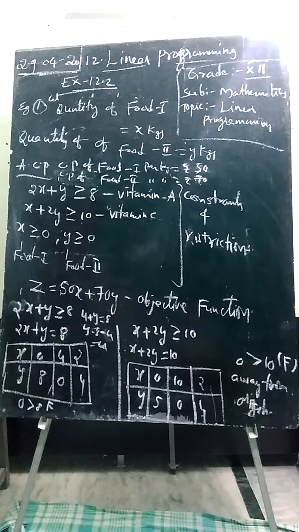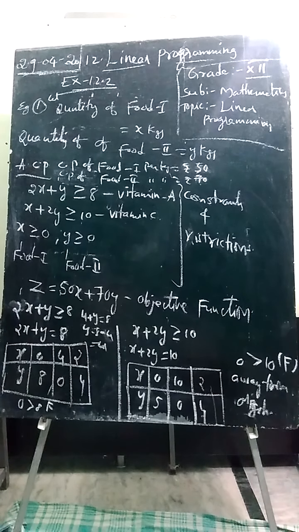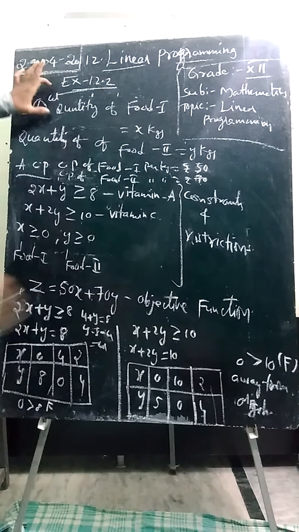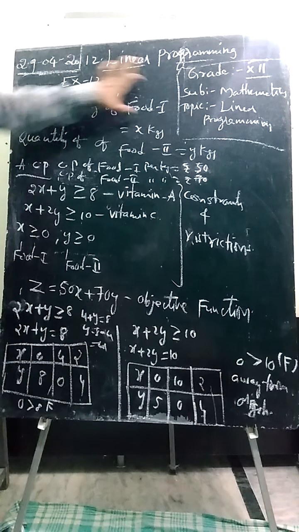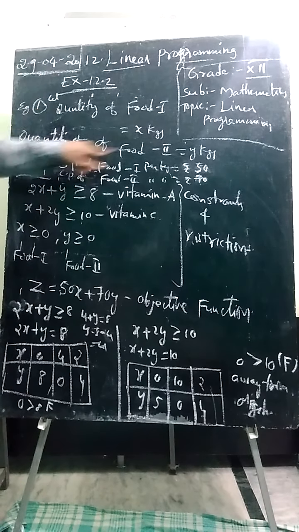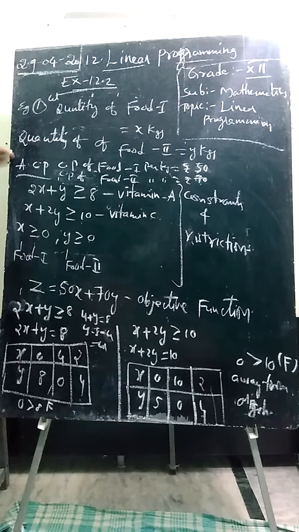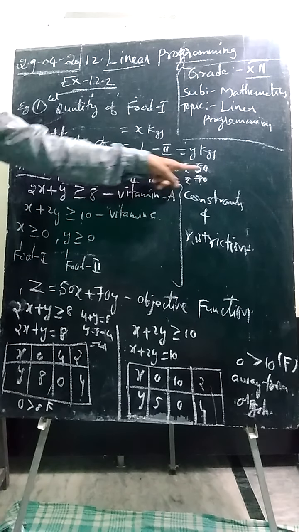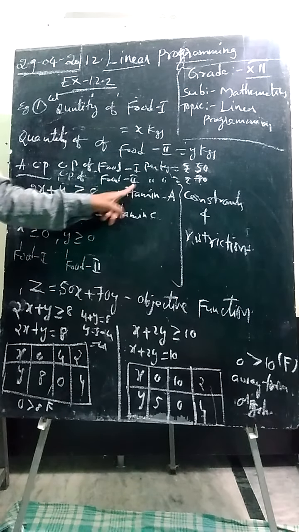Once you observe, students, first step: read the given word problem carefully. Let us take unknown values here as per the question. Quantity of food 1 is x kgs, quantity of food 2 is y kgs. This is related to a diet problem. According to the problem, the cost price of food 1 is 50 rupees per kg, and the cost price of food 2 is 70 rupees per kg.